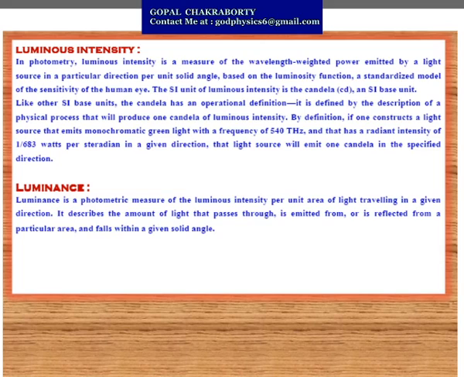It describes the amount of light that passes through, is emitted from, or is reflected from a particular area and falls within a given solid angle. So these are the basics of luminous intensity and luminance. That means you can define the luminous intensity by the unit candela.